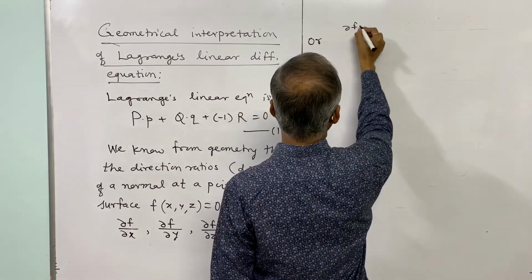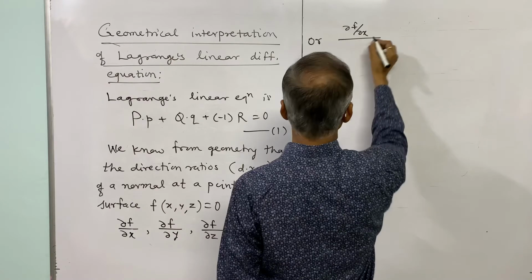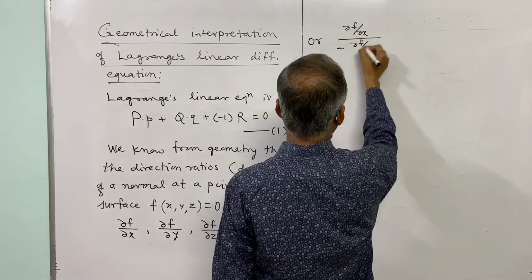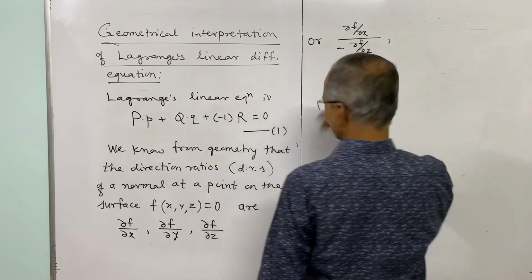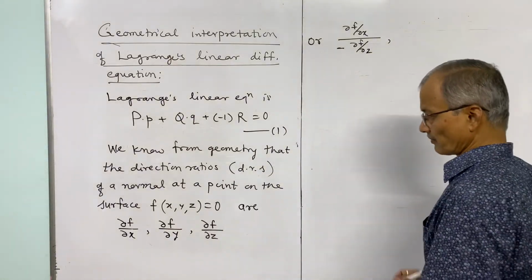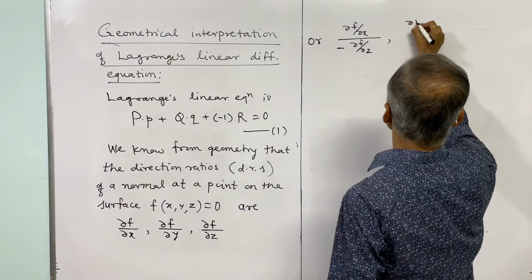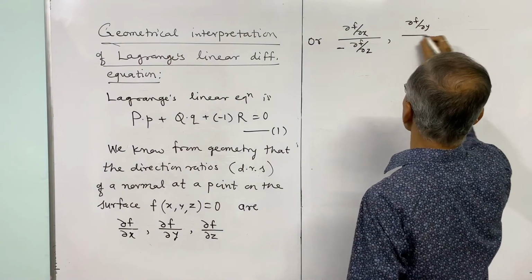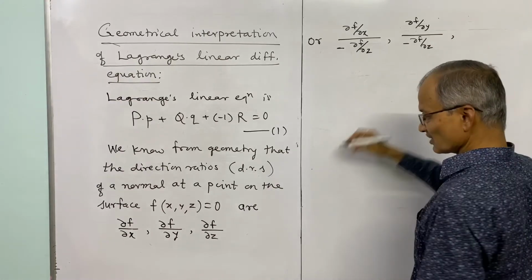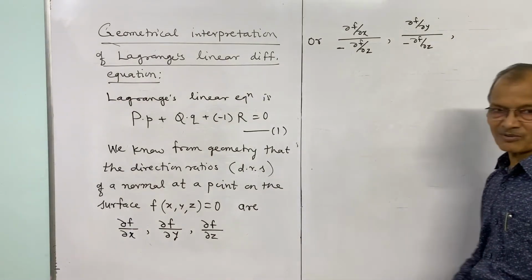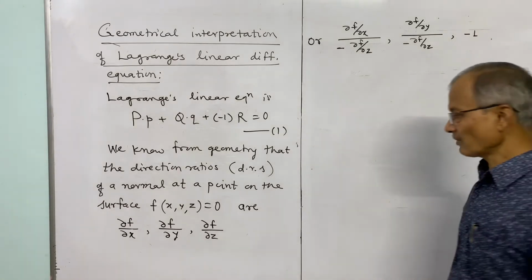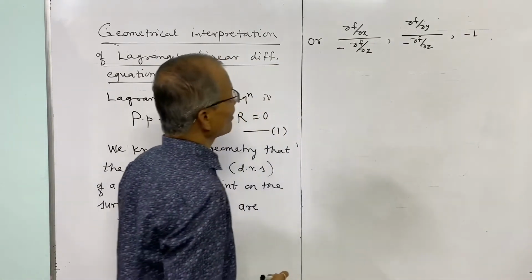This will be dou f by dou x divided by negative dou f by dou z, and second is dou f by dou y divided by negative dou f by dou z, and last is this divided by negative of that number, which will be minus 1.